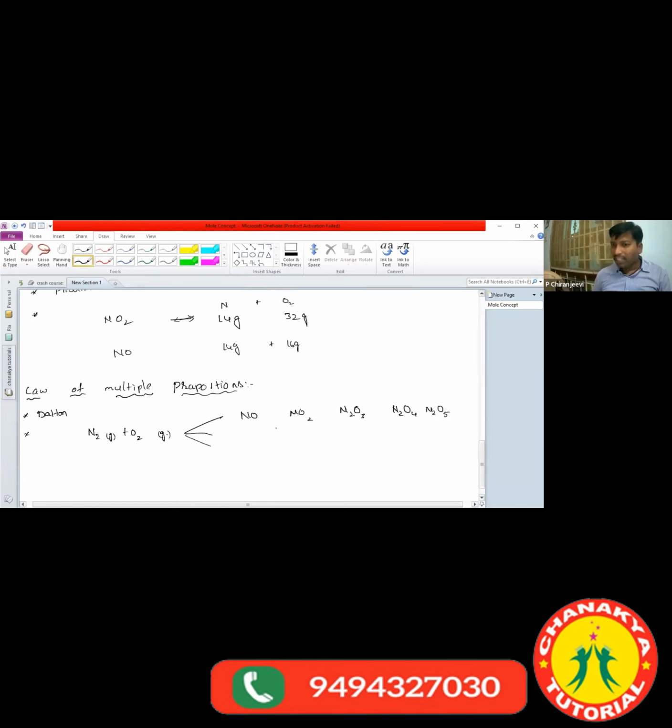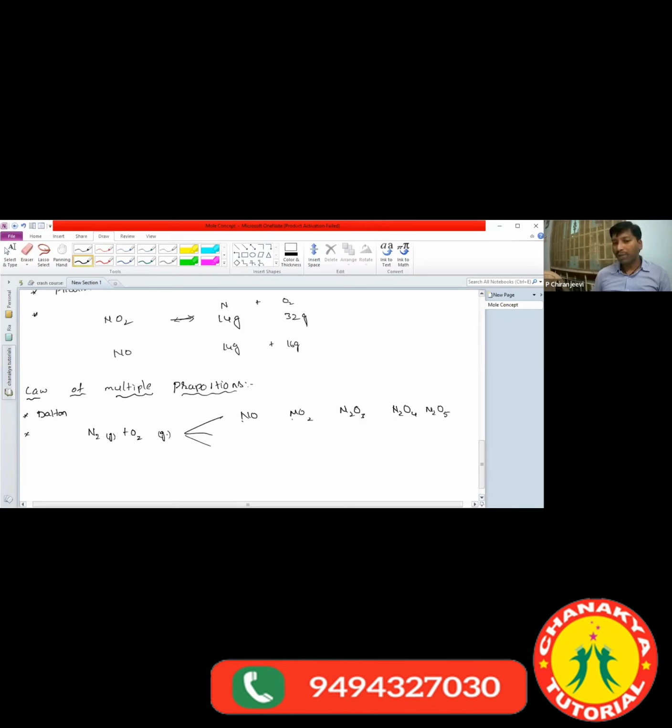In these, one element we are taking as constant, and that is nitrogen. NO we can write as N2O2, the dimer form. So we can also write N2O4.